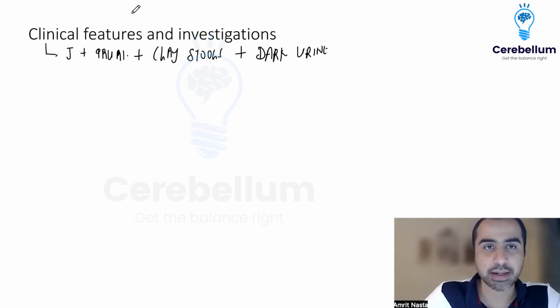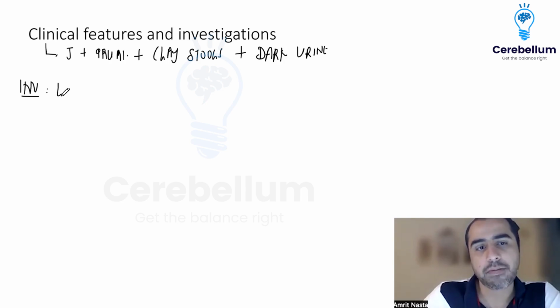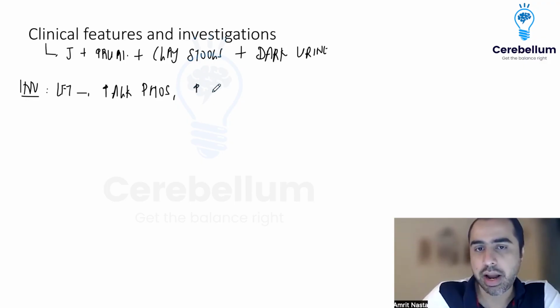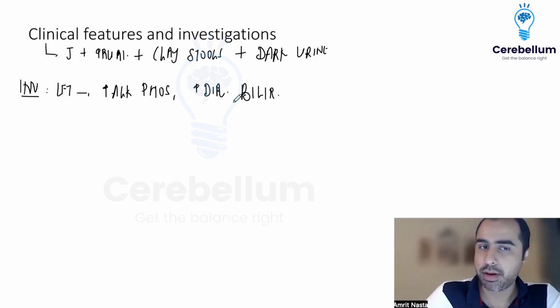How are you going to investigate? This also we have done briefly. First you are going to do LFT. LFT will show an increase in alkaline phosphatase, a marker of biliary obstruction, and an increase in direct bilirubin. You will do USG.